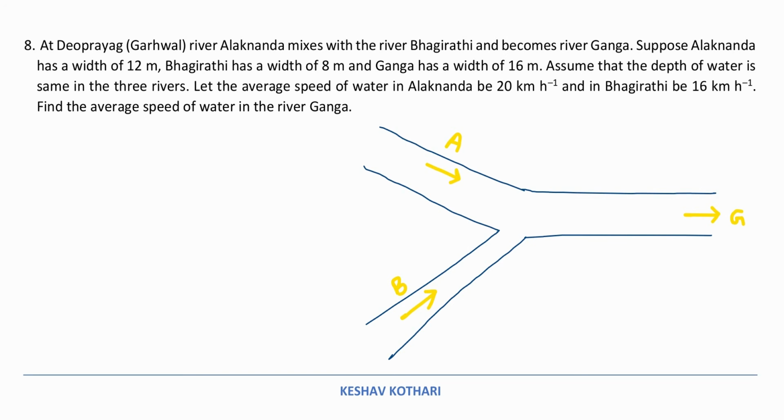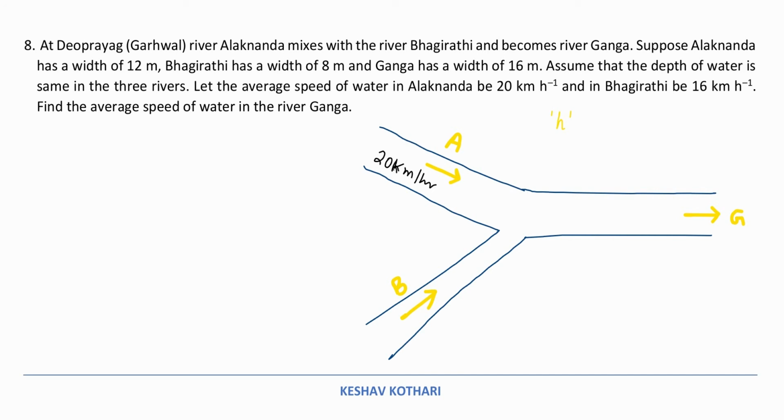If I consider that the depth of water in each of these rivers is H, be it Alaknanda, Bhagirathi or Ganga, then I can say that in 1 hour, if the average speed of Alaknanda is 20 km per hour, a stretch of 20 km will flow into the Ganga.